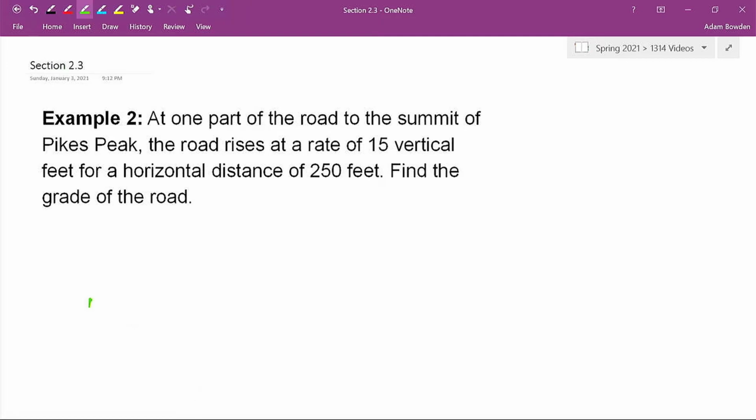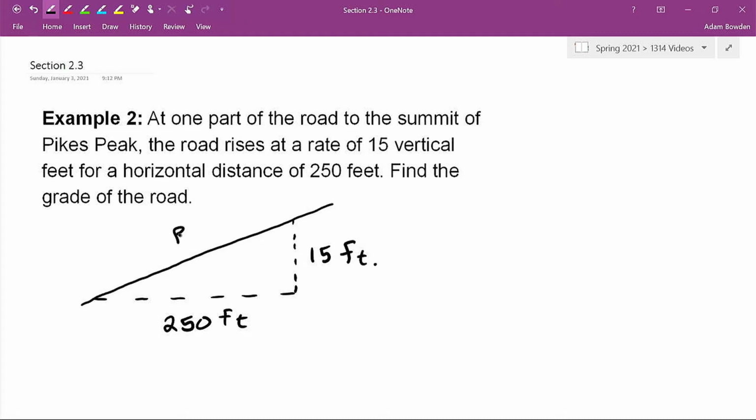Well, here's kind of the situation that's going on. If you go forward a horizontal distance of 250 feet, then the rise is 15 feet. So the road is going up like so. To know how steep this is, we'll consider the slope of the road.